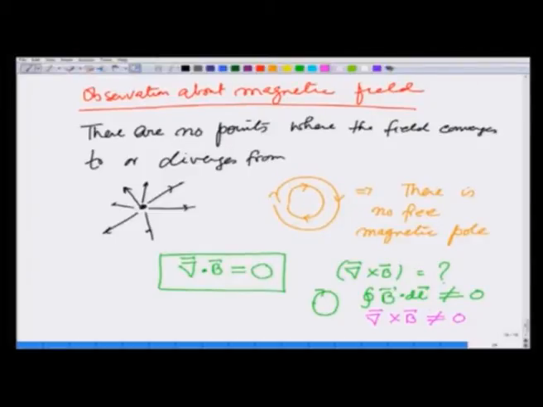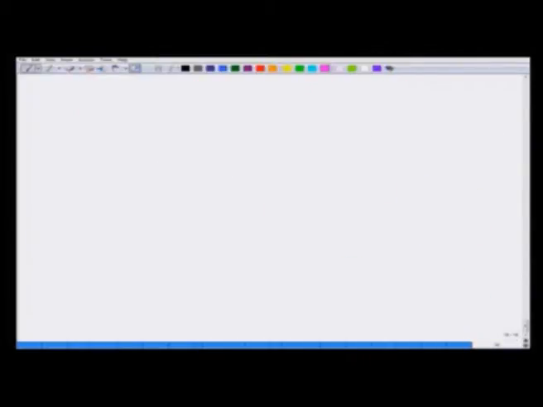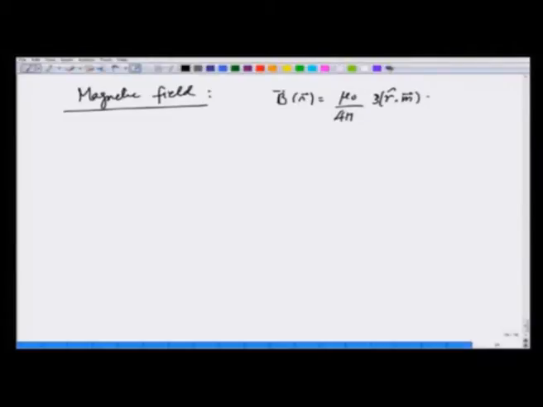All right. So, from these observations, what we see is that for a magnetic field, for dipoles, I can write B of r as some constant mu 0 over 4 pi times 3 (r dot m) r minus m over r cubed.